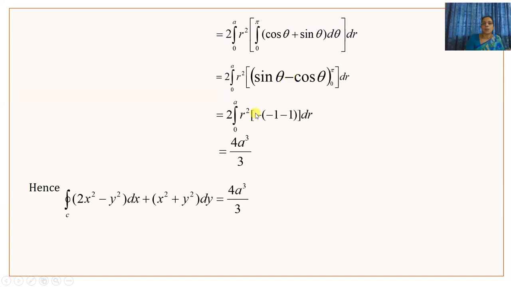Therefore minus of cos θ, where θ = π, cos π is −1, upper limit substitution, minus lower limit substitution, cos 0 is 1.